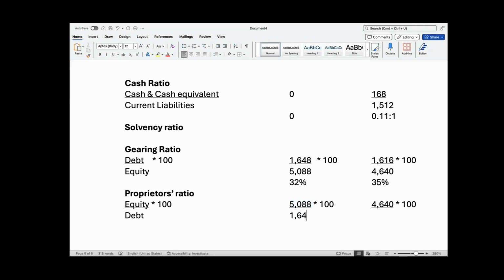This is 1648. This is 1616. So how much is this? 309%. Okay, how about this? 287%.